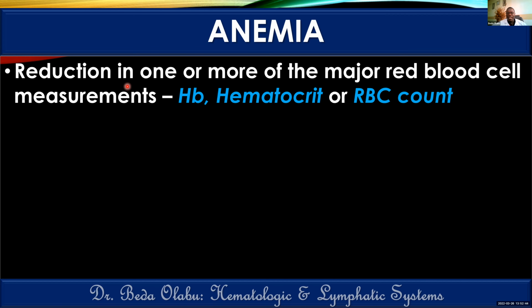And the major red cell measurements are the HB, the hematocrit, or the red blood cell count. So if you have a reduction in any one or more of these, a reduction in HB, reduction in hematocrit, or reduction in the red blood cell count, those parameters we talked about, we define that as anemia.